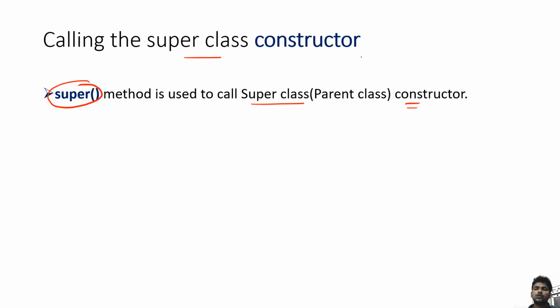As we know, we have this and we have super. this is used to point to the current class object, and super is used to call the parent class. In the same way, we have the this method and the super method. The this method is used to call the current class constructor and the super method is used to call the parent class constructor.